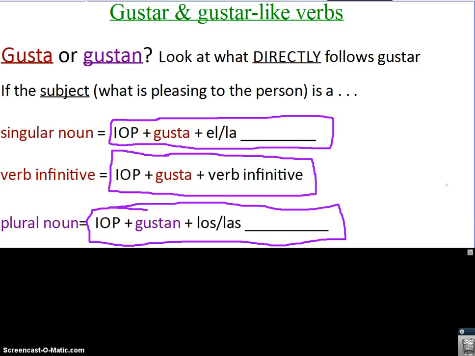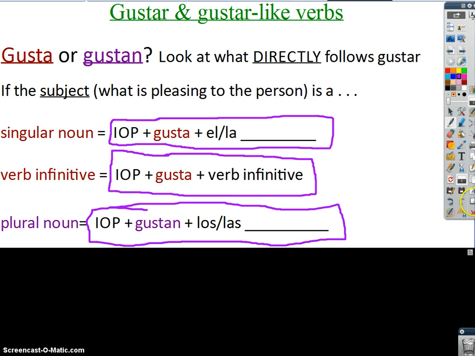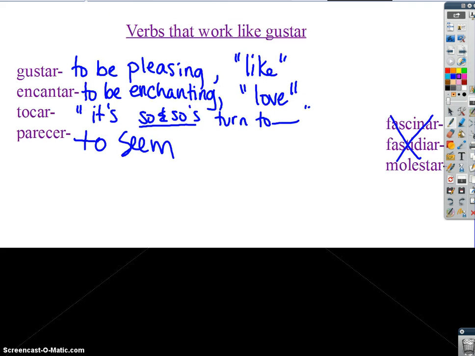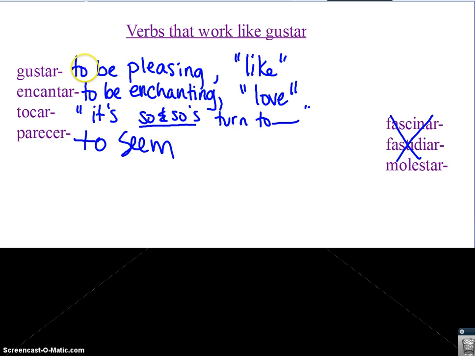I'm going to move on to the last thing that we're adding to our gustar and gustar-like verb notes. We are adding some verbs that work like gustar that we should be aware of. We know that gustar really means to be pleasing. We use it to say that it is what someone likes. Encantar, you guys probably learned last year, literally means to be enchanting to someone.